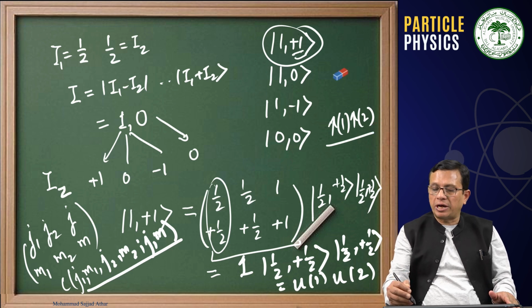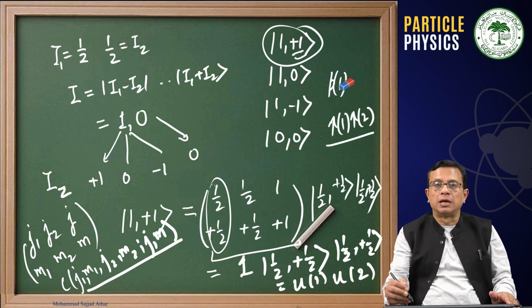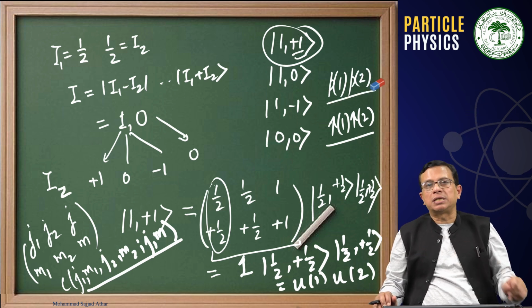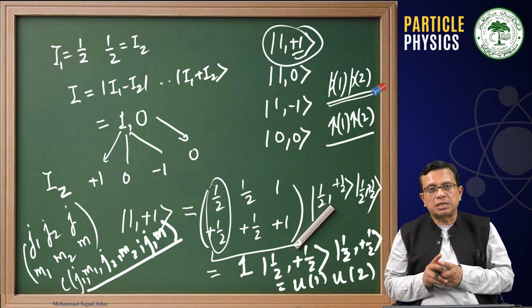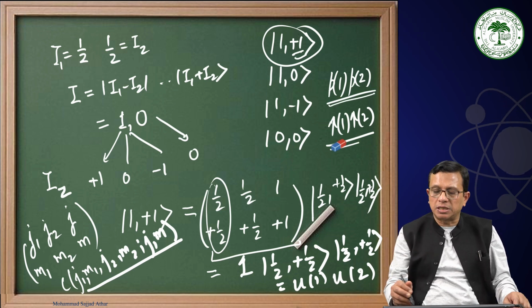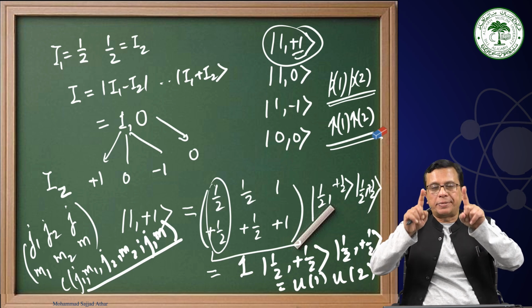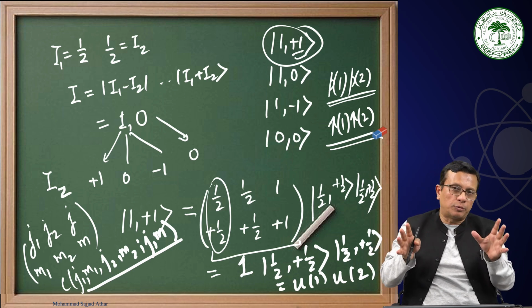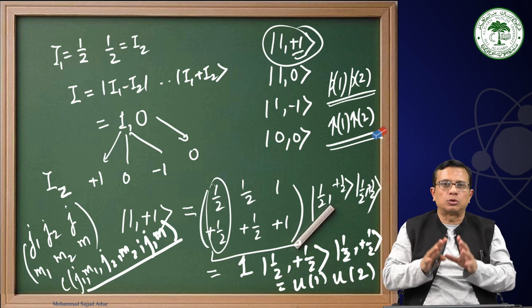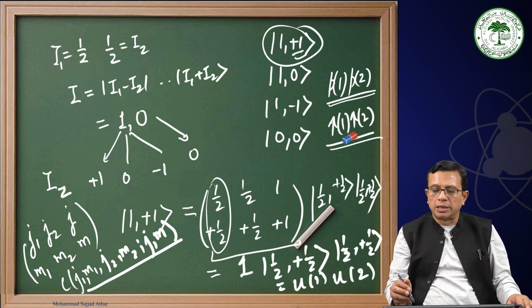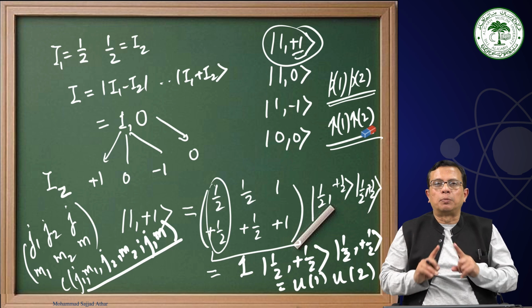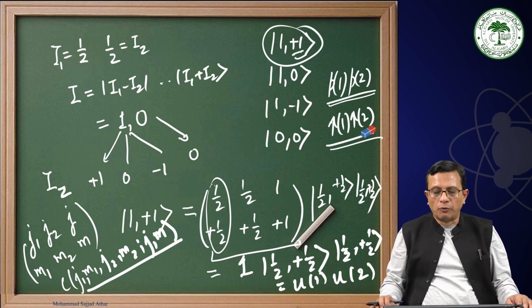Or if I talk about protons and neutrons as an isodoublet, which we have discussed in the class, then this is possible only when in both these states you have two protons. Whether I talk about two protons or two up spin particles, no matter whether two electrons or two protons or two neutrons, if I want to get a state 1 plus 1, then the only possibility is that both of them are in the upward direction.